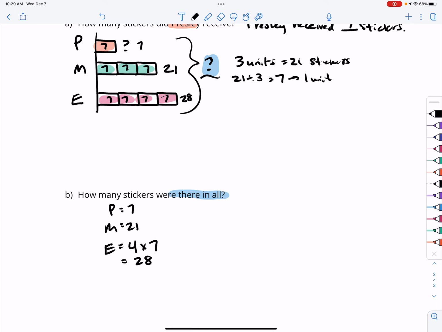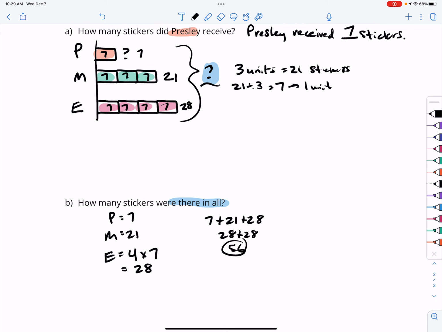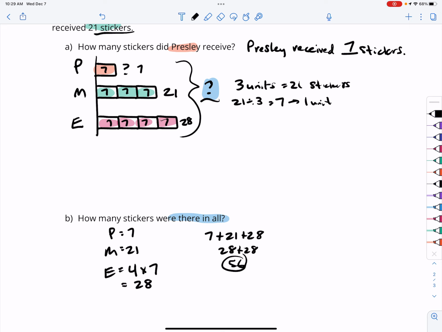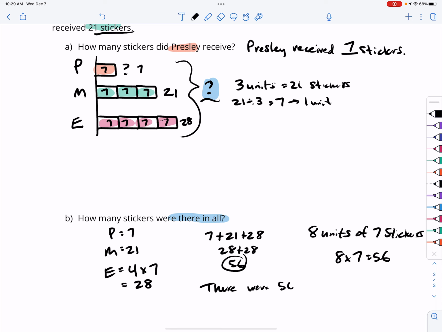So we would just need to add all of those up. 7 plus 21 plus 28 is 28 plus 28, which is 56. And we could also check and see. If we looked at the number of units in this scenario, we would have 8 units total of 7 stickers. So 8 times 7 is 56. So there were 56 stickers in all.